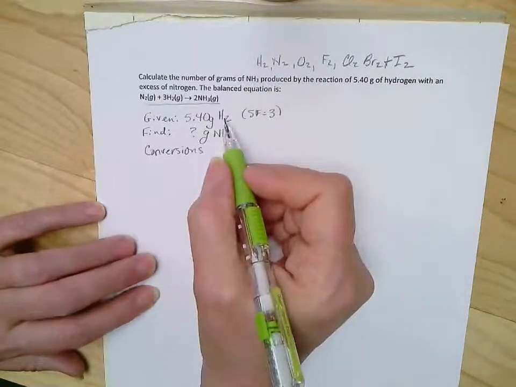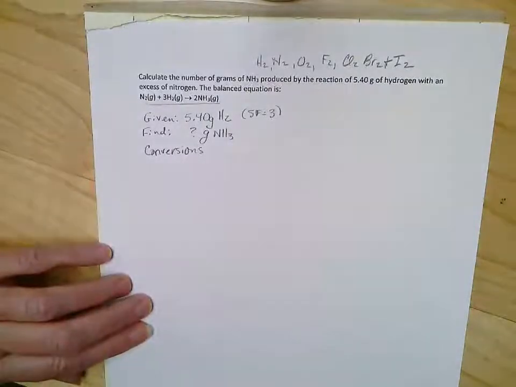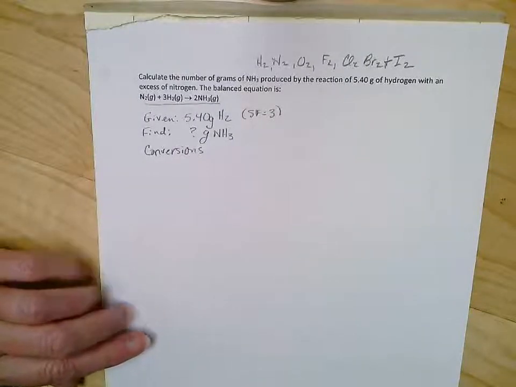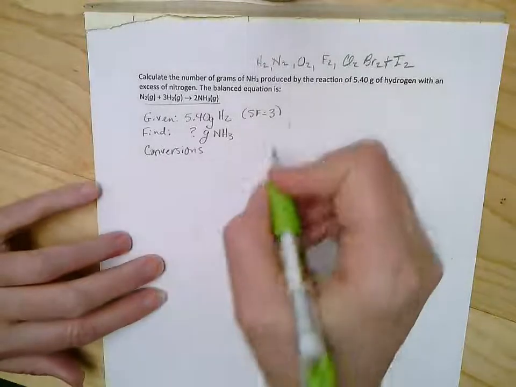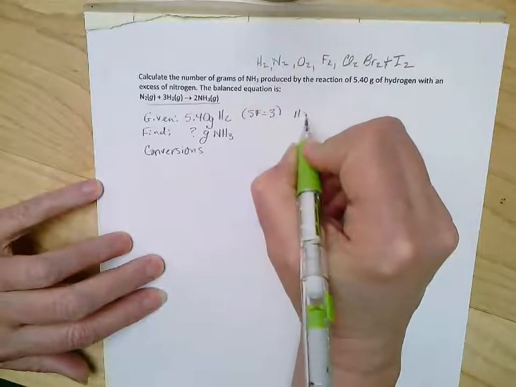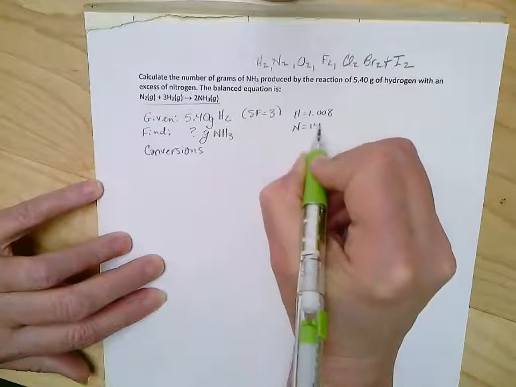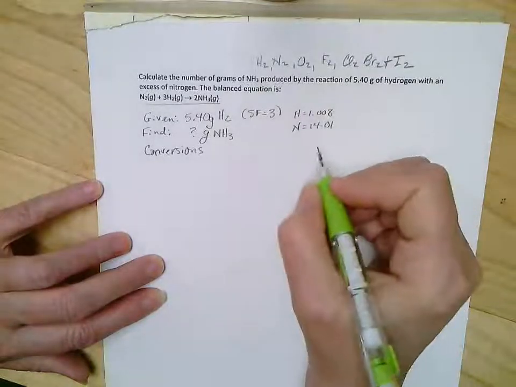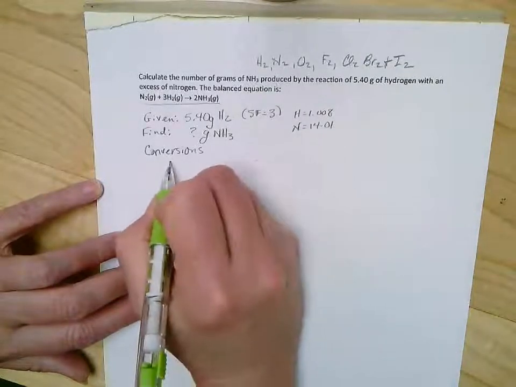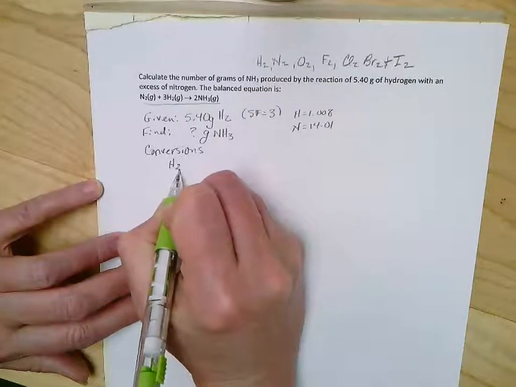We'll need a periodic table, but you'll just have to trust me that I know these numbers. Hydrogen is 1.008. Nitrogen is 14.01. So I need to first know the molar mass of H2.